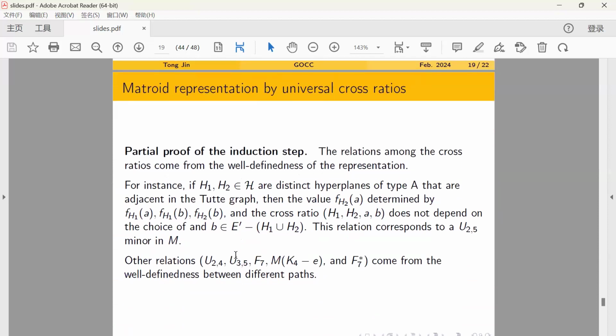And those are isomorphic to either U24 or U35 or the funnel or some graphic matroid from the complete graph K4 minus some edge. And finally, the dual funnel matroid. And from that, we can guarantee that we get an honest, well-defined hyperplane function representation of the matroid M.